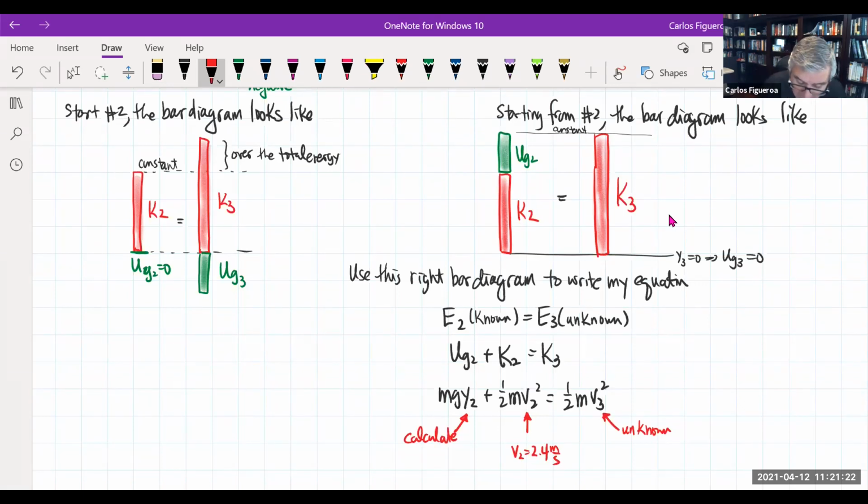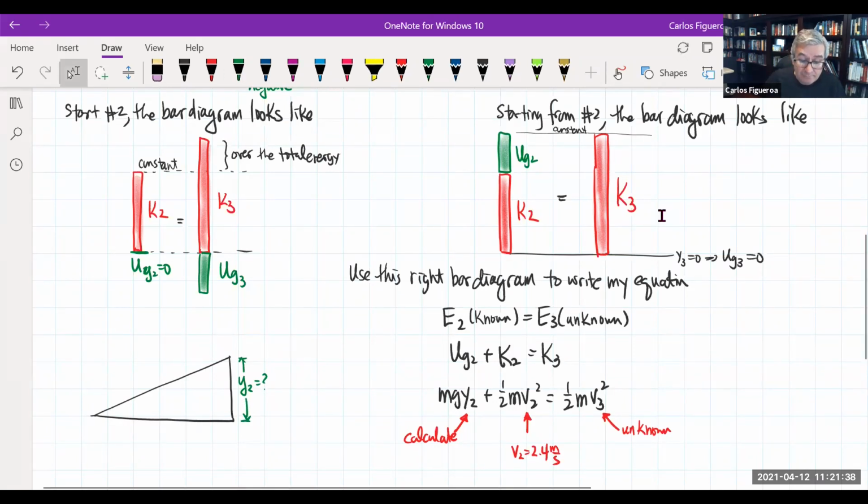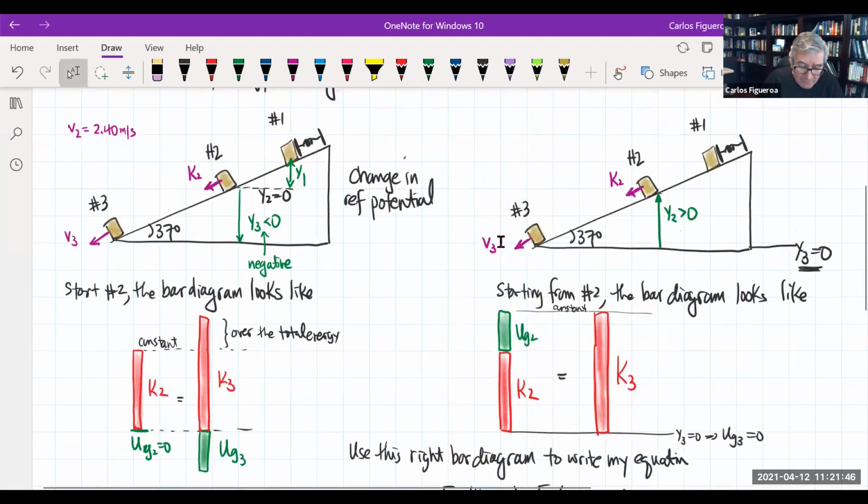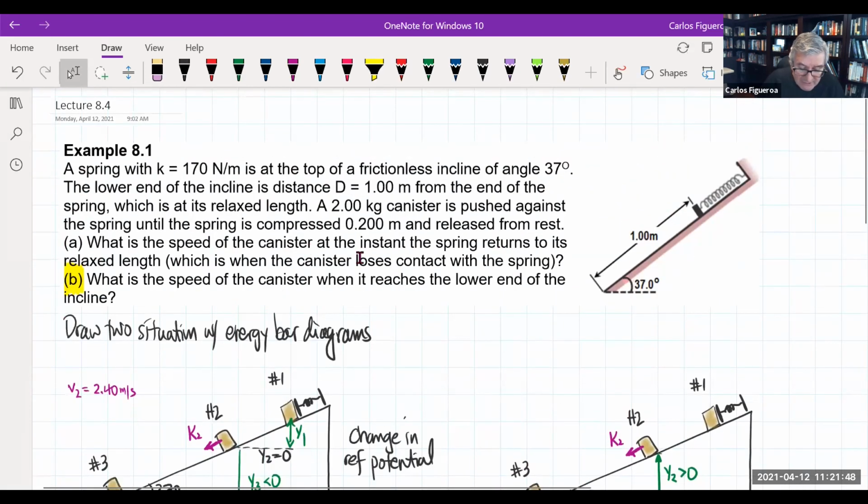So let's go do that. The way we'll calculate it is that we need to set up a triangle. We know that this height right here is Y2, and this is what we're after. We know the angle. They tell us that the angle is 37 degrees. And when we go back to the problem, look what it says right here. It says that the lower end of the incline is a distance d, 1 meter, from the end of the spring.